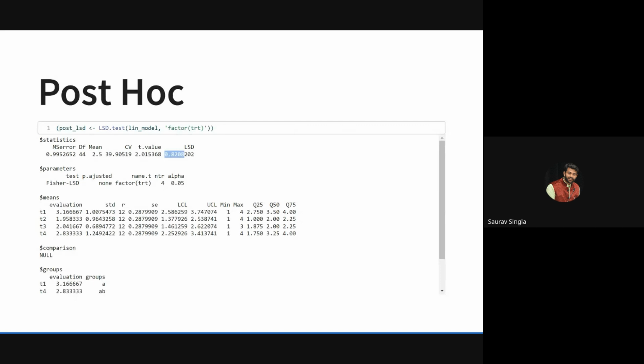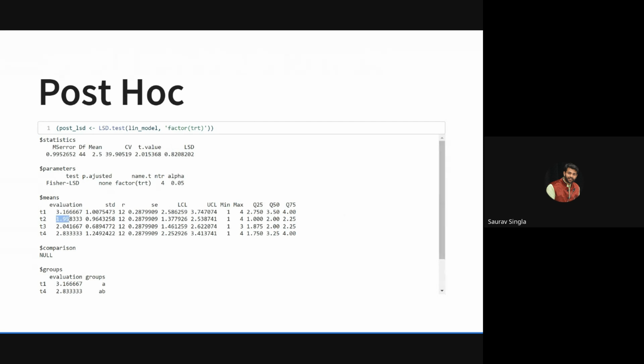So now let's see. 0.82. Let's say 3.16 is the mean of treatment 1, and 1.95 is the mean of treatment 2.